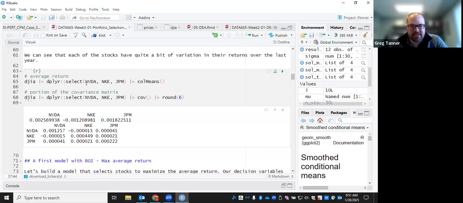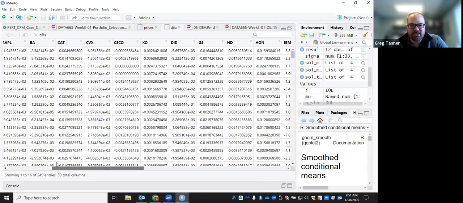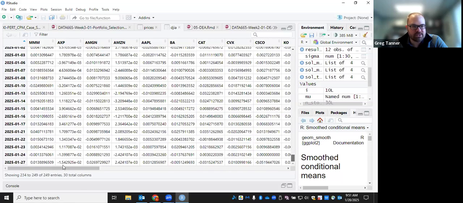Yeah, and we can look at the average returns by essentially taking the average of the column corresponding to each of those. Maybe actually it'd be worthwhile to look at this DJIA, Dow Jones Industrial Average object that I created. These are all those log price differences. I've got a column for each stock, and you can notice each row is a different date, going from January 30th of last year all the way down to January 27th of this year.